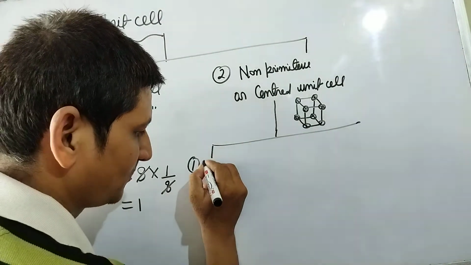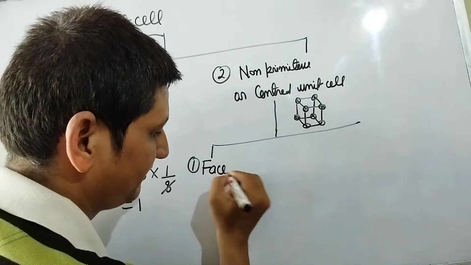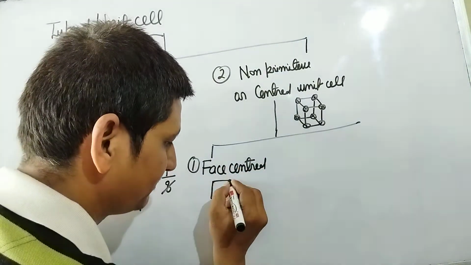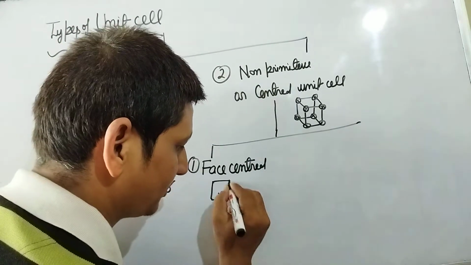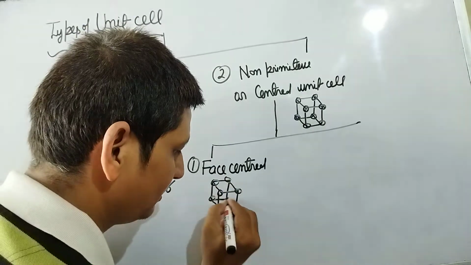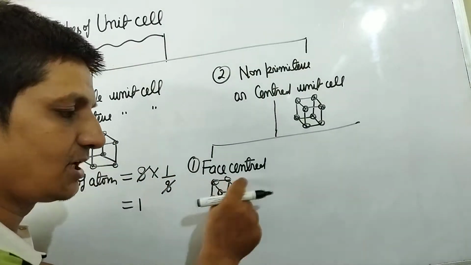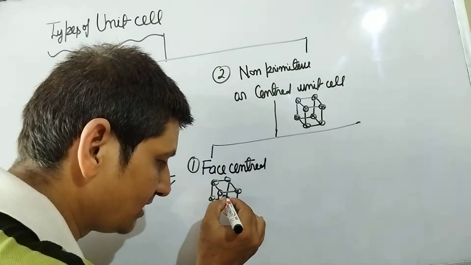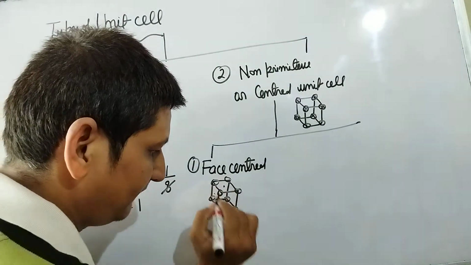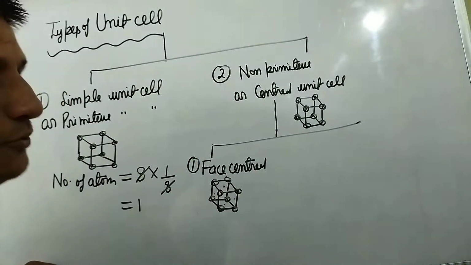First is the face-centered unit cell. A unit cell in which particles are present at the corners and the center of each face is called a face-centered unit cell.